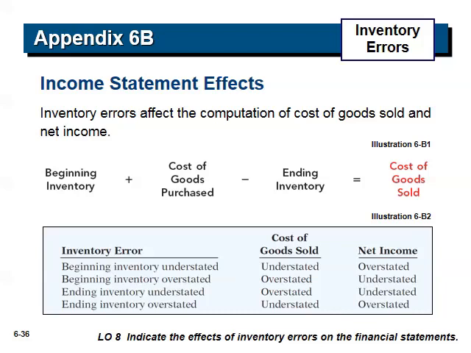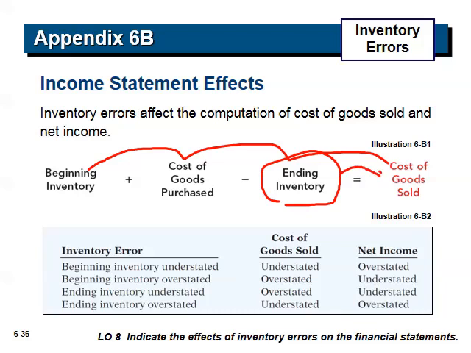So think about the cost of goods sold formula: beginning inventory plus cost of goods purchased minus ending inventory is cost of goods sold. So notice that if there's an error and say you counted something wrong here, it's going to affect the ending inventory and the cost of goods sold through this formula. And just to give you some examples, if the beginning inventory is understated, that's going to understate your cost of goods sold and overstate your net income.